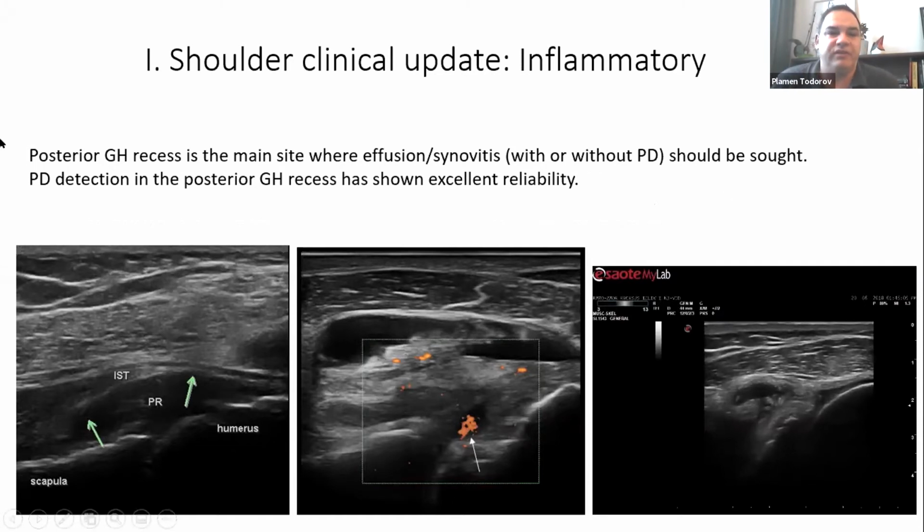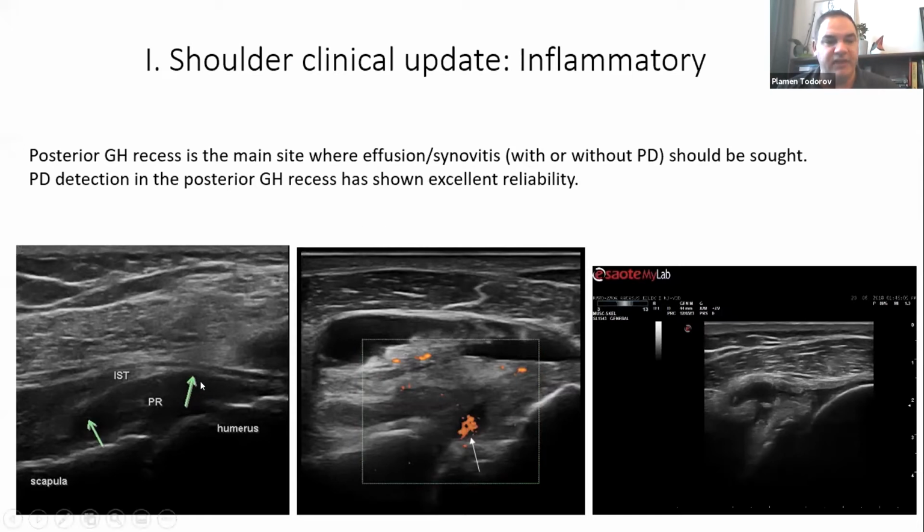The posterior glenohumeral recess is the main site where effusion or synovitis in inflammatory diseases, with or without power Doppler, should be sought. Power Doppler detection in the posterior glenohumeral recesses has shown excellent reliability in the literature.